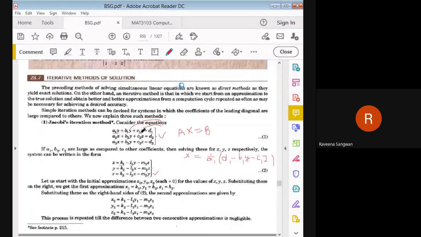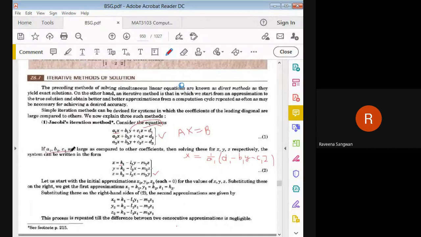Means for the first column, a1 should be the maximum of a1, a2 and a3. Similarly b2 is maximum among b1, b2 and b3, and c3 is maximum among c1, c2 and c3. So this we prefer.